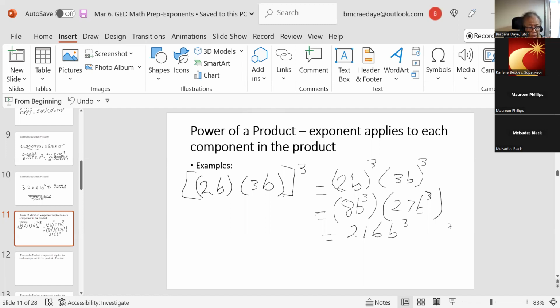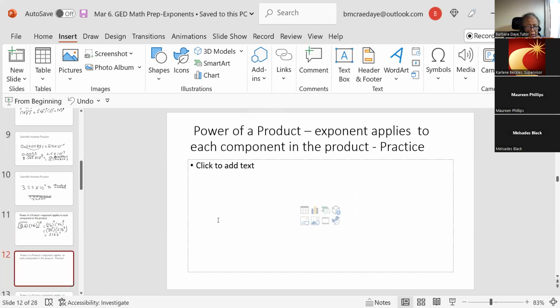Oh, okay. All right. Let's do another one. Power of a product applies to each component. Let's do it.